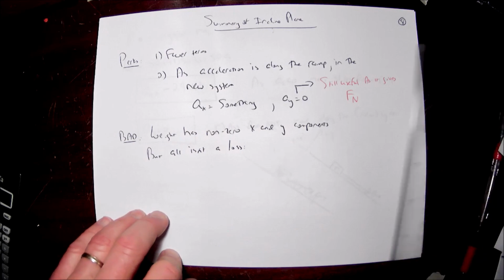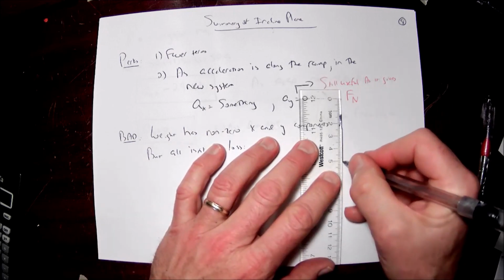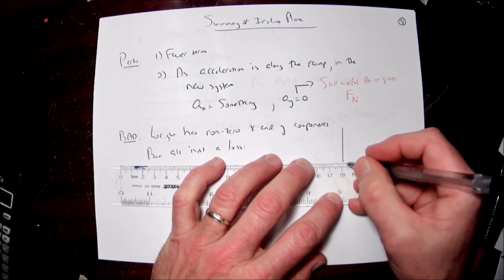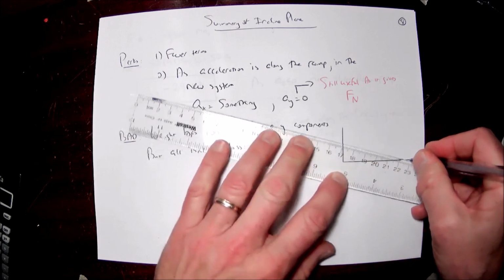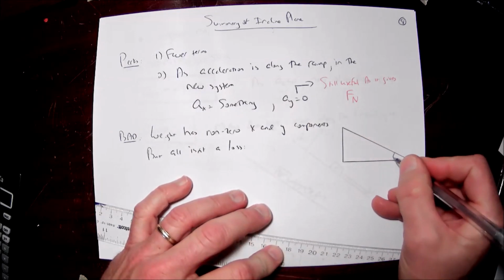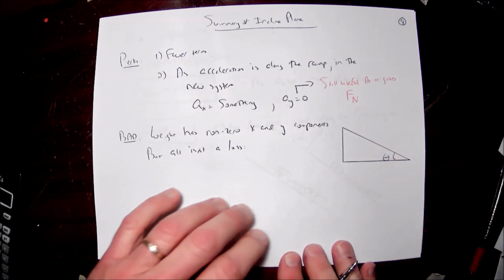Because if we have a mass, say on an incline, that's usually what we've got. I mean, this is our incline. It's the whole purpose of doing this thing. And that incline is given by that inclination angle theta.